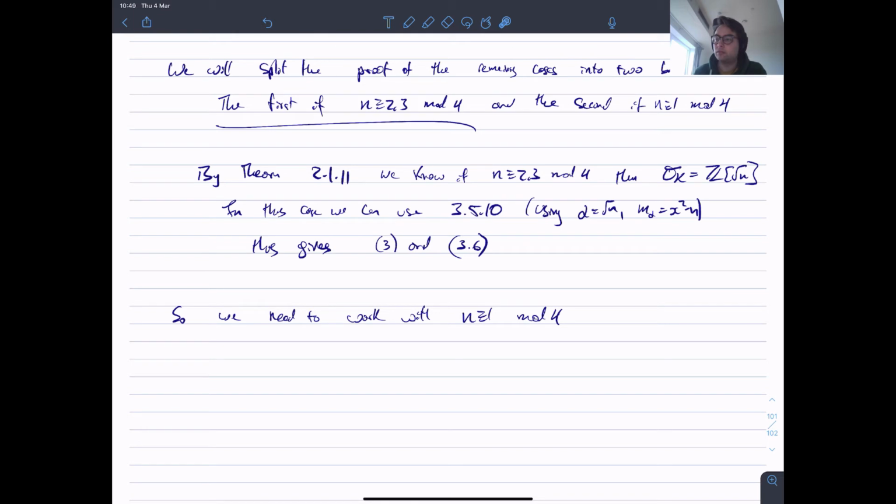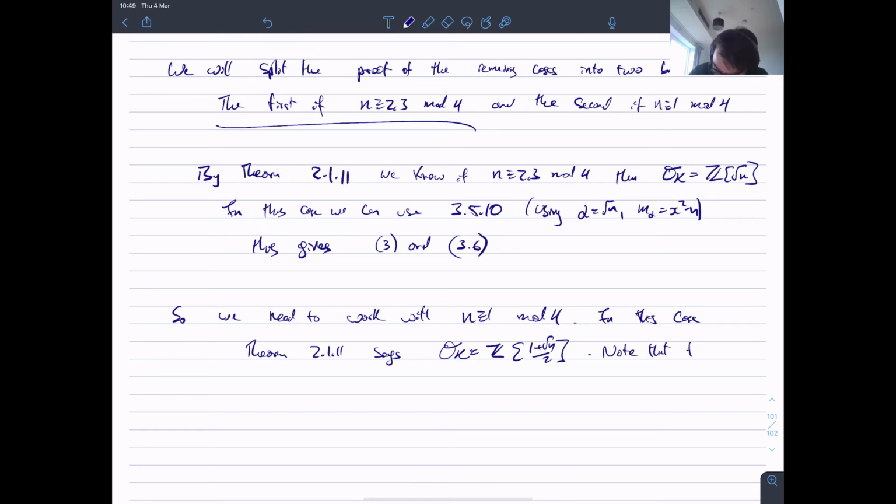So let's do this. What do we know in this case? In this case, we know the ring of integers is a bit more complicated. Theorem 2.1.11 says that OK is Z adjoin 1 plus root n over 2. Note that this means the index of Z alpha in OK is 2.